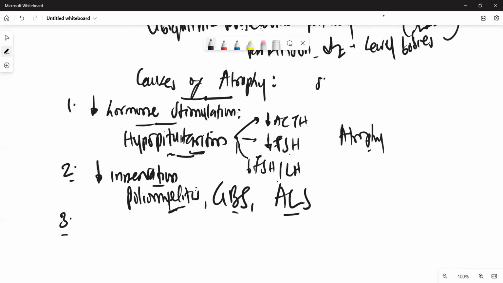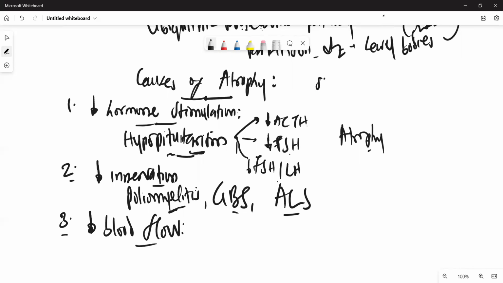Moving on, the third example is decreased blood flow. If there's a decrease in blood flow to a particular organ, particularly a chronic decrease, it can lead to atrophy. Because if it's an acute decrease in blood flow, that will lead to severe ischemia, like gangrene right away, so there is not enough time to atrophy.